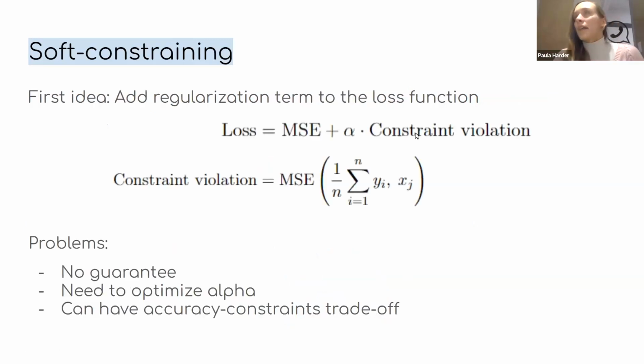But we found some problems that can occur with that. Running on our test set, we don't have any guarantee that our constraints are actually not violated. Also, the optimizing of alpha for our case was very sensitive.